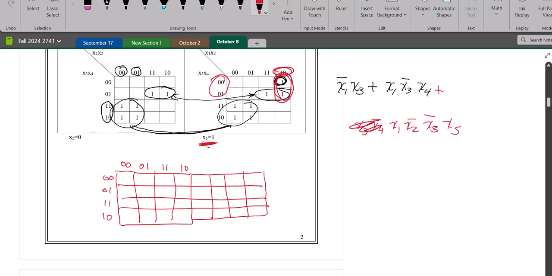And the rows on the second one are going to be the same. But the top is going to be the mirror image of the first one. So it's going to be 1, 0, 1, 1, 0, 1, 0, 0.